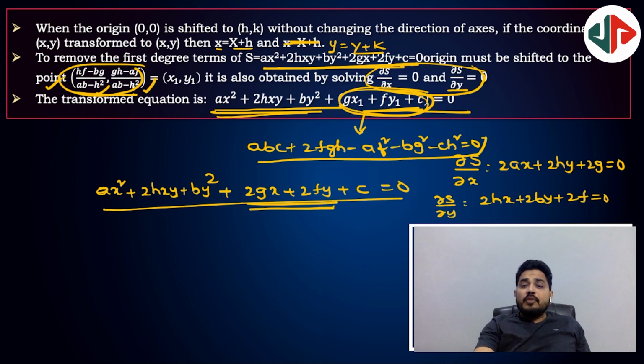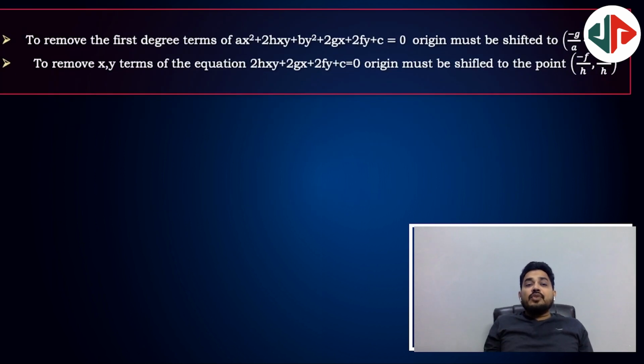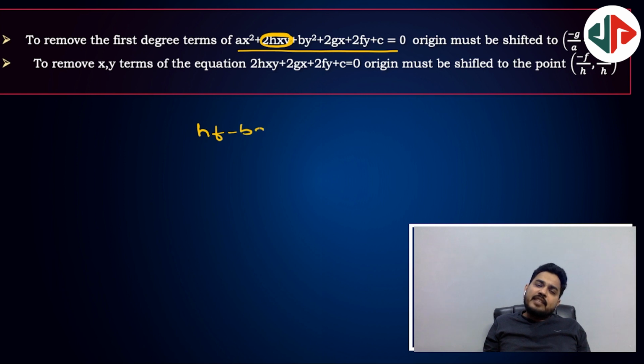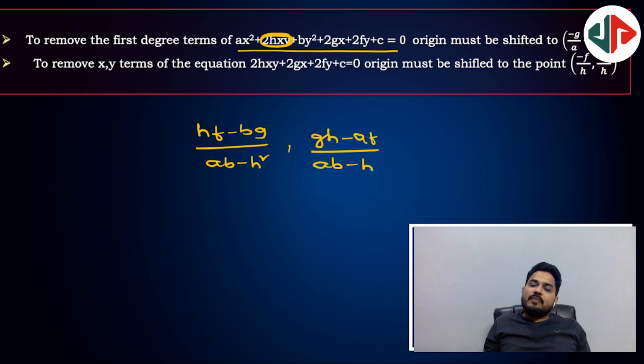Moving to the next one, to remove the first degree terms in this equation, ax square plus 2hxy plus by square plus 2gx plus 2fy plus c. Here, small correction: the point is (hf minus bg) by (ab minus h square), (gh minus af) by (ab minus h square).